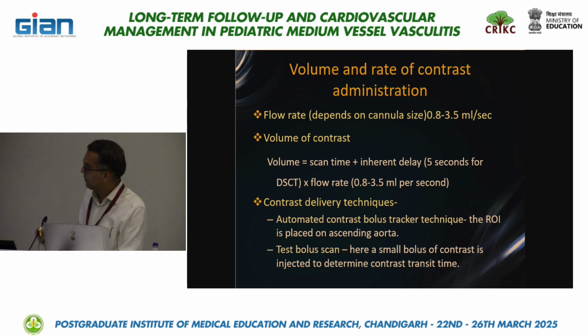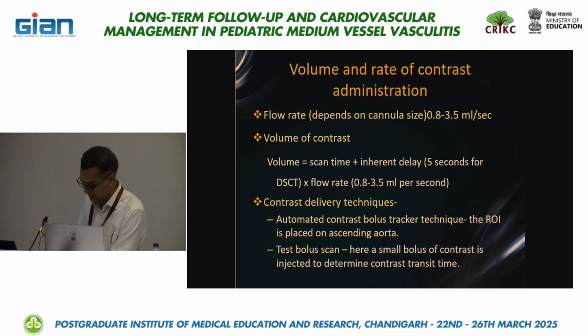So the volume of contrast can be calculated by estimating the scan delay, scan time, inherent delay, 5 seconds for this current scanner, and the flow rate. Flow rate depends on the cannula size.